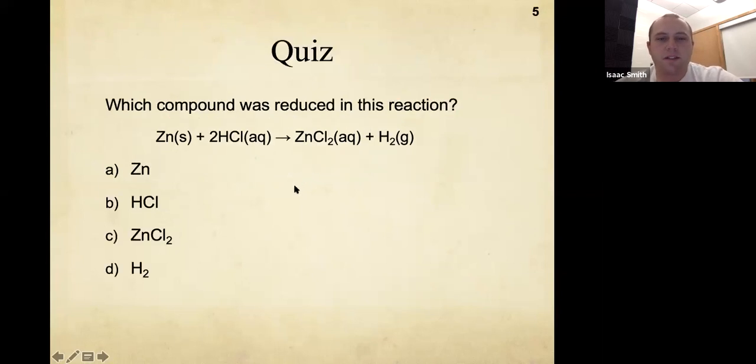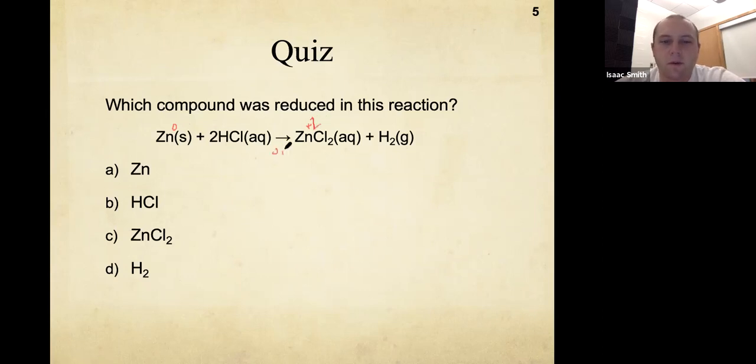I'll go ahead and try this quiz out real quick. The question is which compound was reduced in this reaction. We're doing a little bit of review from our oxidation reduction, and we want to review this stuff as we move towards the final. Zinc starts by itself, so it would have a ground state of 0, and then it moves to a +2 charge.